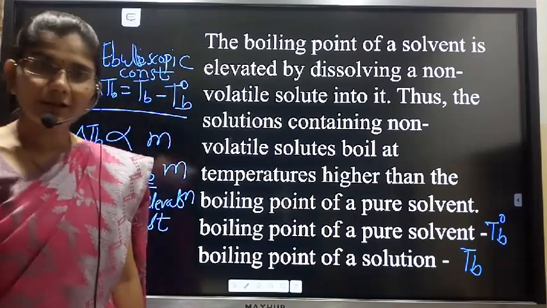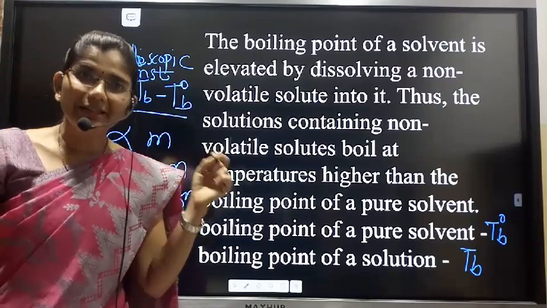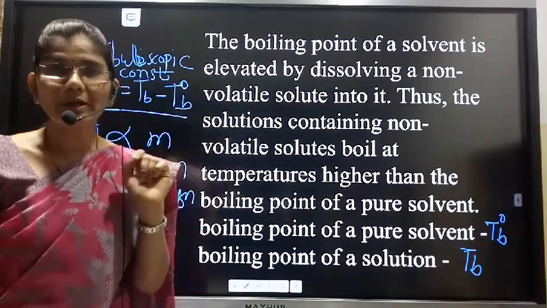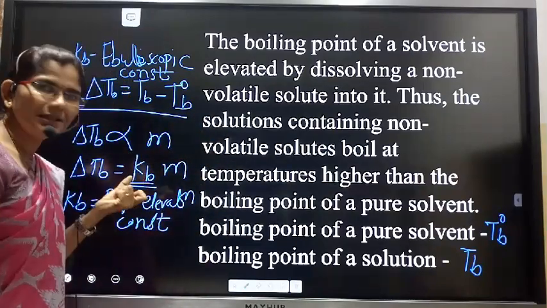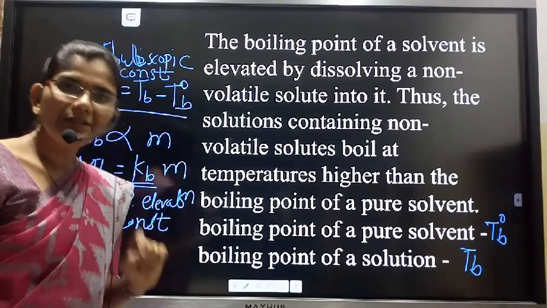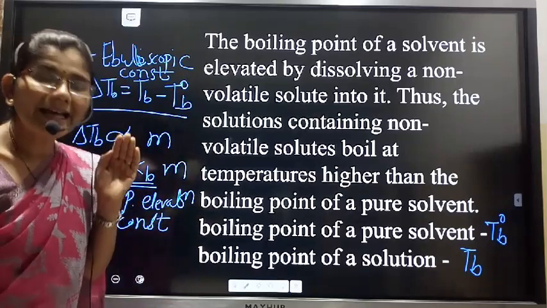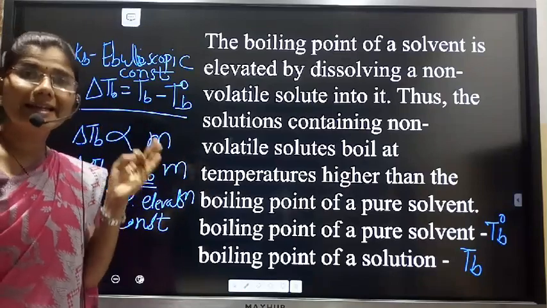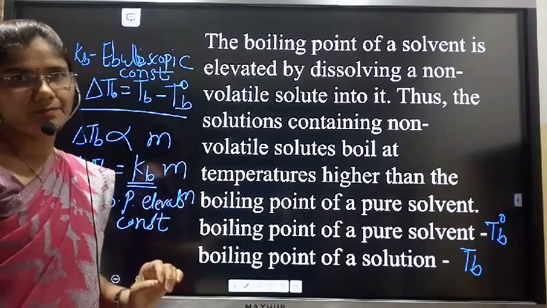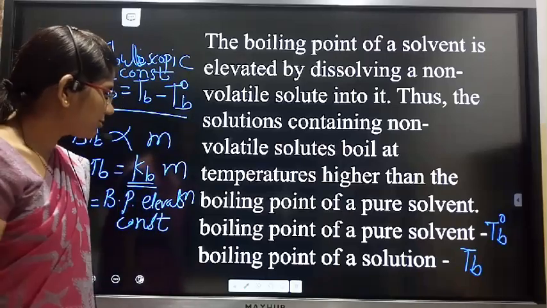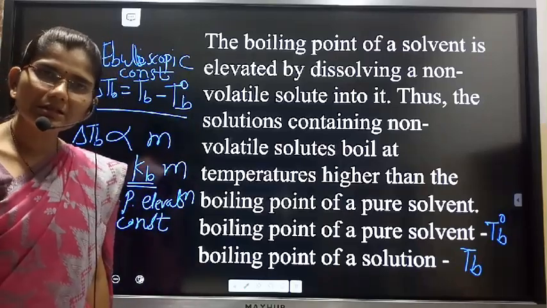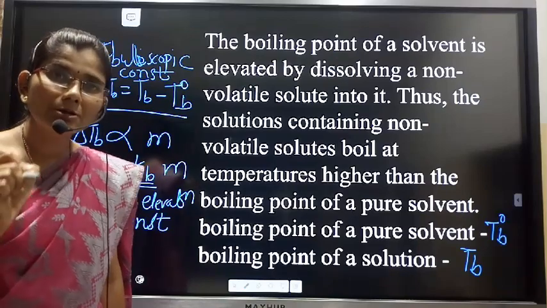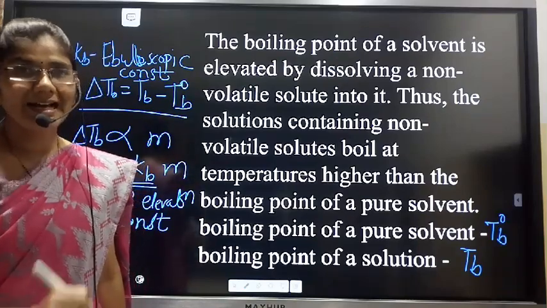Kb is called the boiling point elevation constant because it is in the expression of the elevation in boiling point. It is also called the molar elevation constant or the ebullioscopic constant.